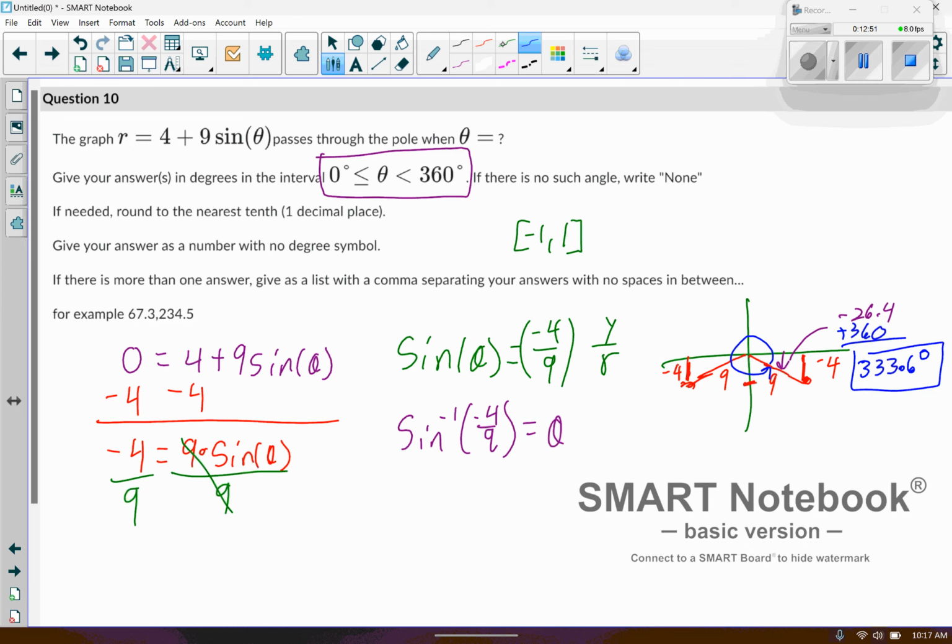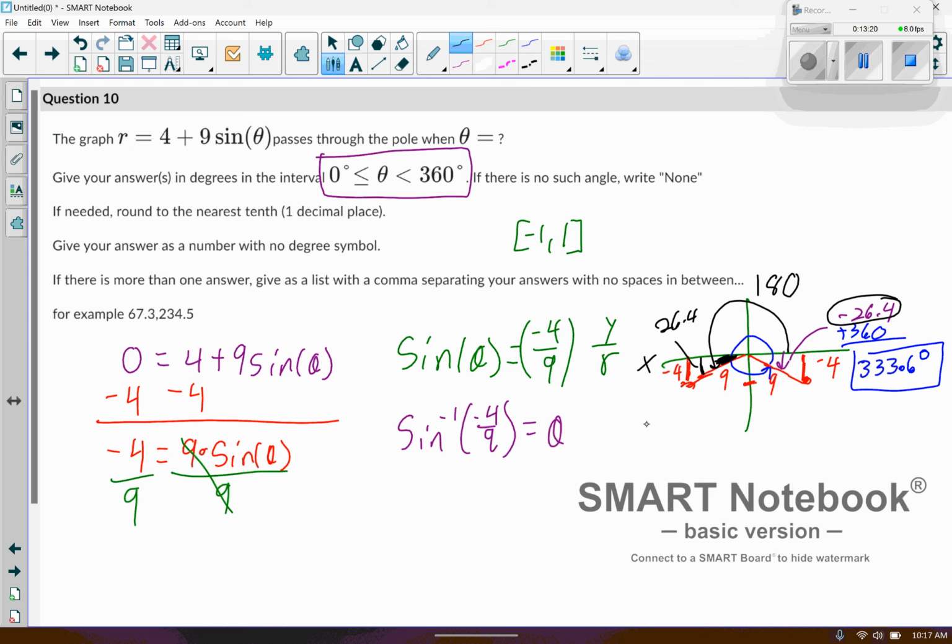Now I need this other angle right here, which goes from here to here. Okay. Well, if this angle right here is -26.4, then this angle right here, since it's going counterclockwise, is going to be +26.4. So I'm just talking about the part between the x-axis and my angle right here, just this little sliver. And then a half of a rotation right here would be 180.